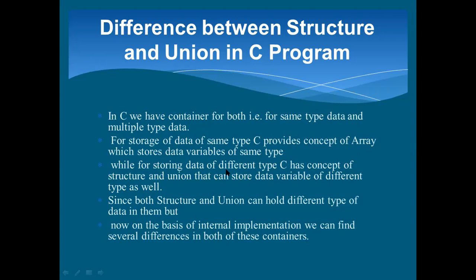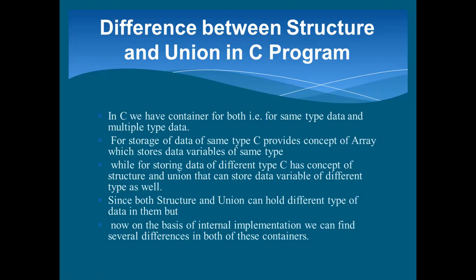For storing data of different types, C has the concepts of structure and union, which can store data variables of different types, also called heterogeneous.